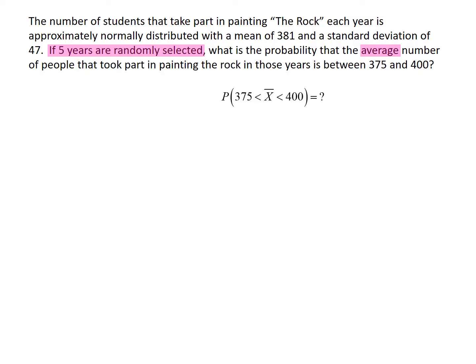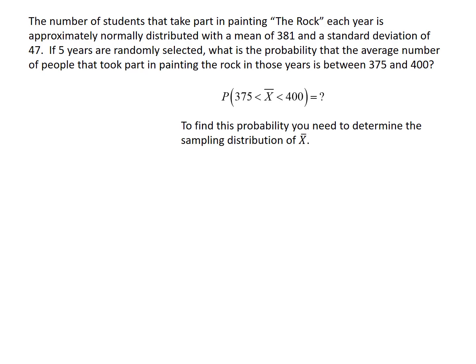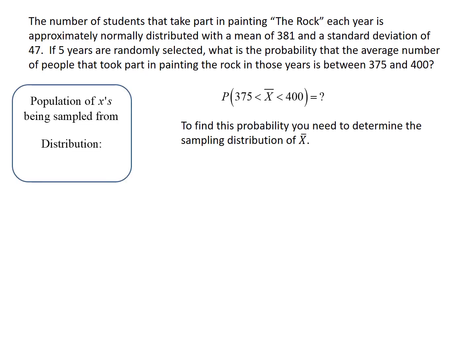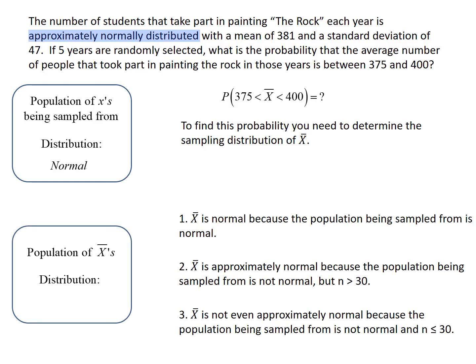To do that, we need to know the distribution of X bar. As always, that starts with the distribution of the individual values that make up our sample, so the individual years. We know that the number of people who paint the rock each year is approximately normally distributed. So if the population that we are sampling from is normally distributed, what does that mean for X bar?